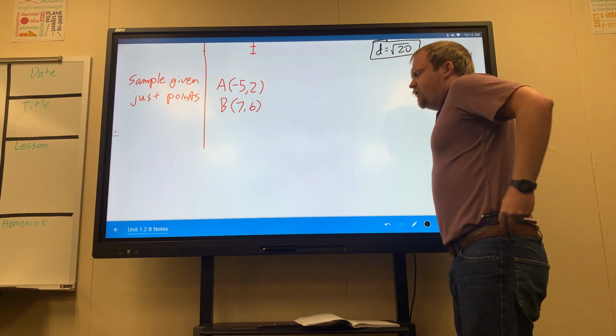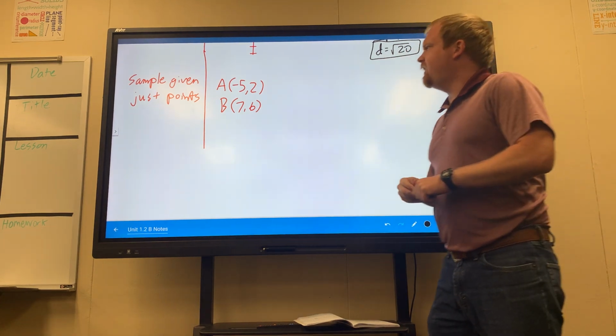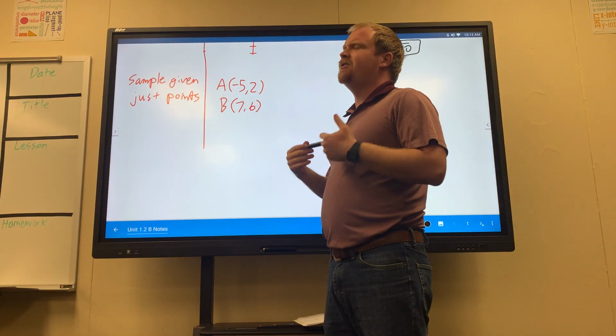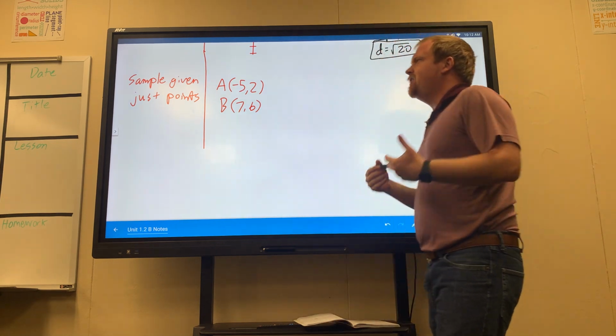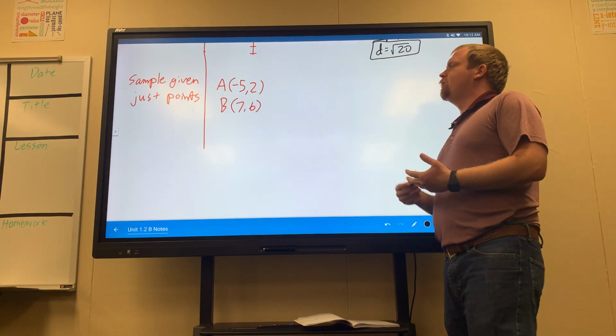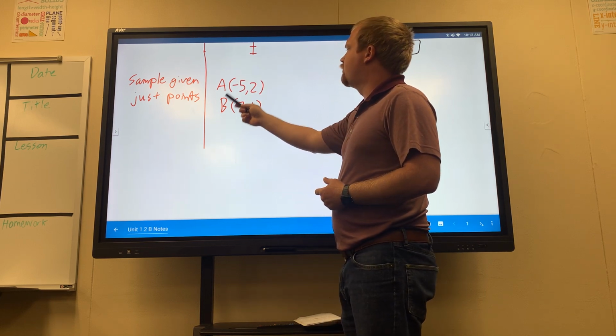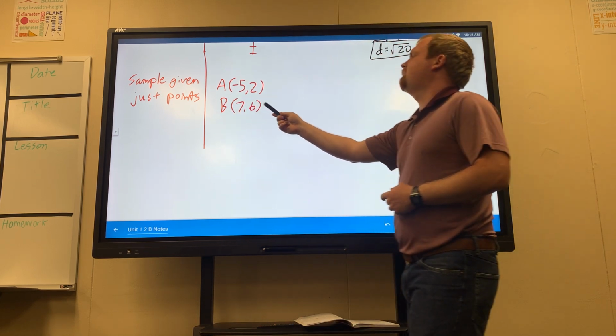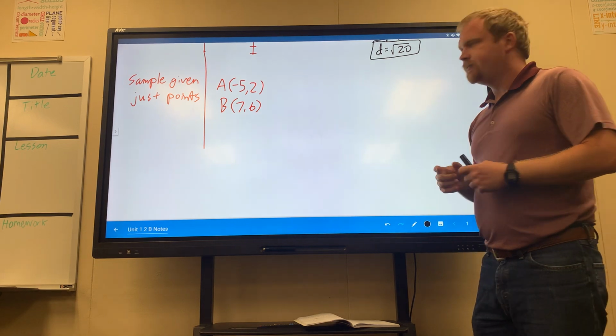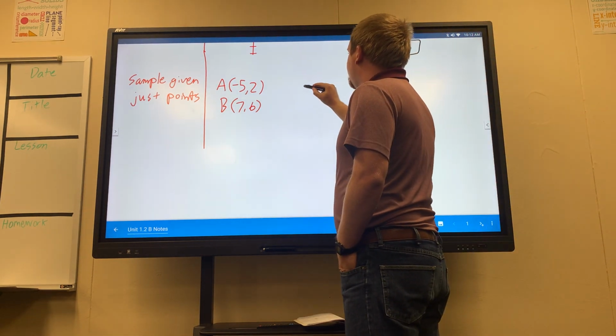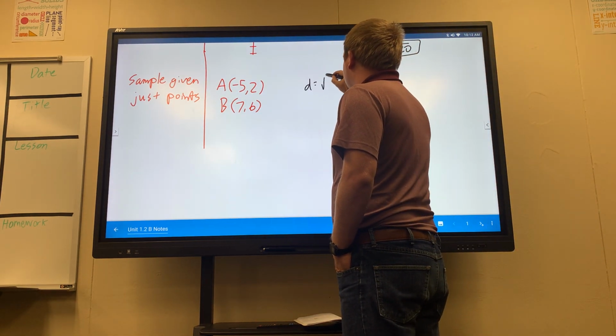Now, let's say instead of giving us a graph, they give us coordinates. So I have point A at negative 5, 2, and point B at 7, 6. I'm just going to rewrite the distance formula real quick.